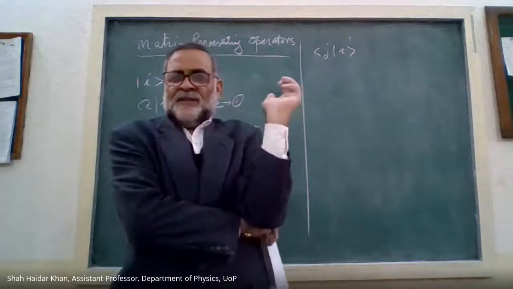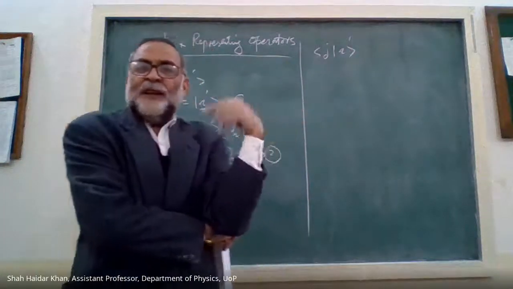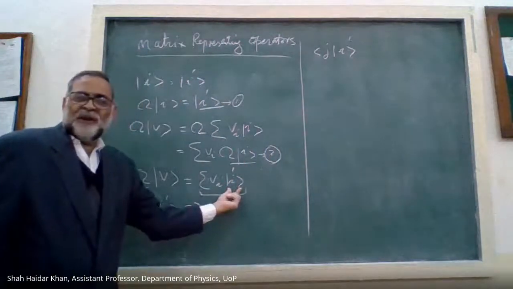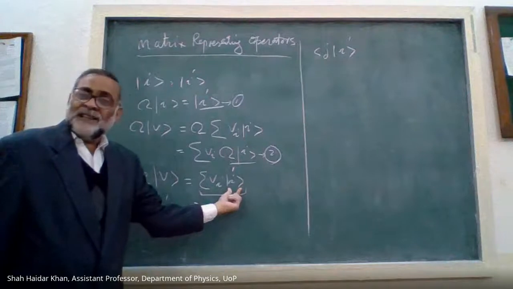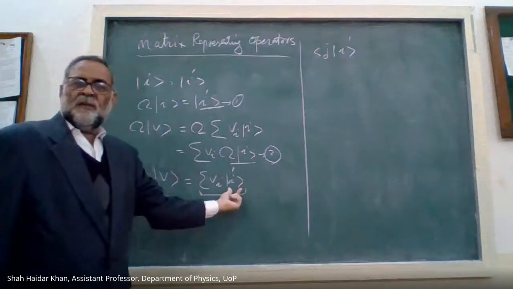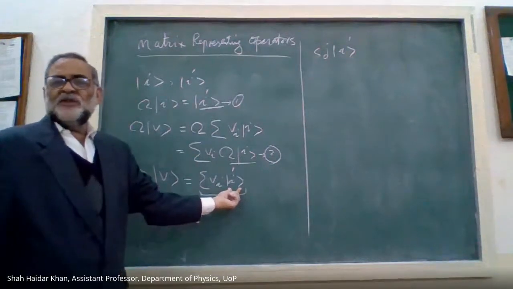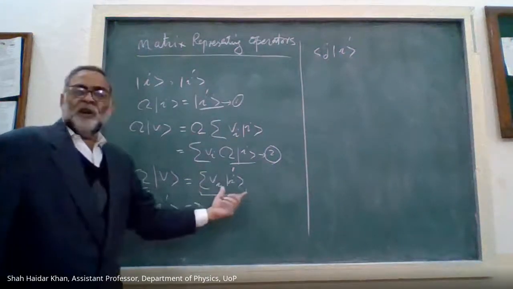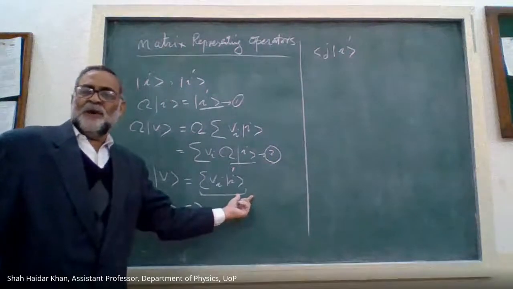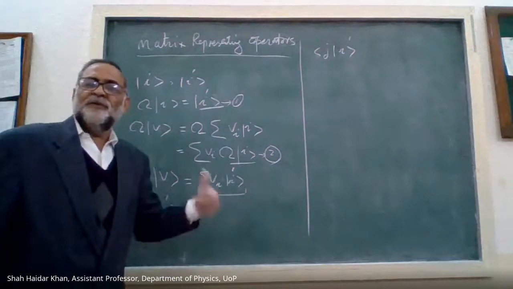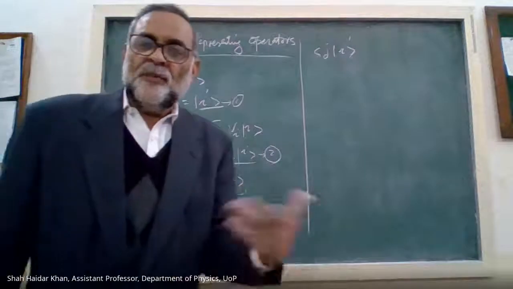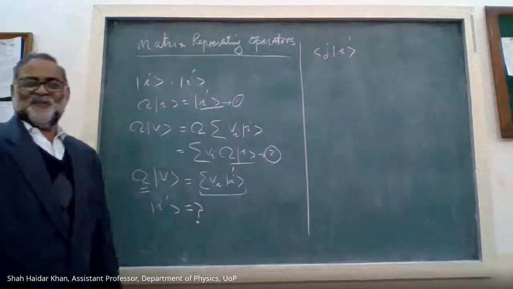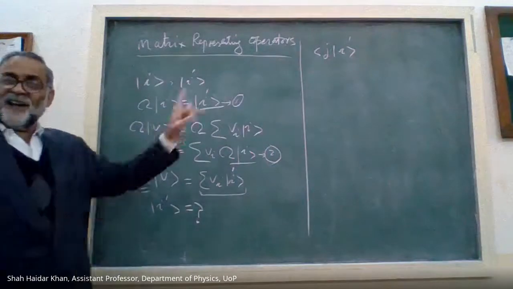One is the original basis, and then we got another basis, this i prime, which is made by the operator omega. New basis vectors are given to us. We want to find the new basis vector in terms of the old basis vector.